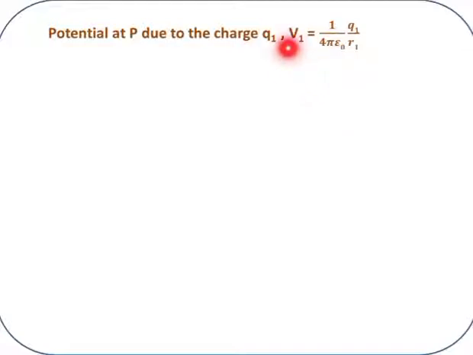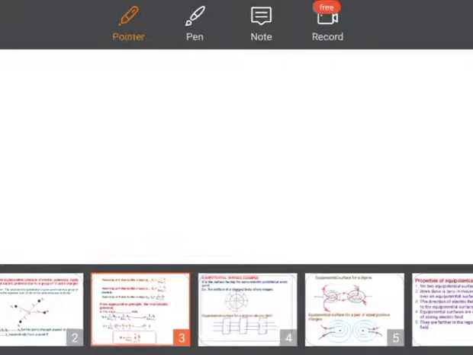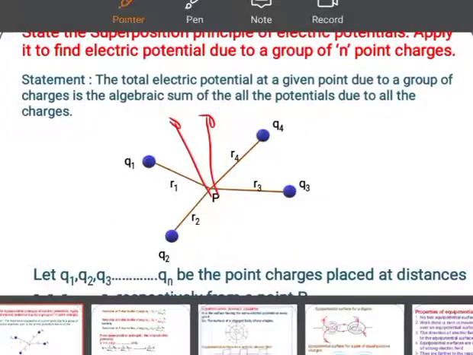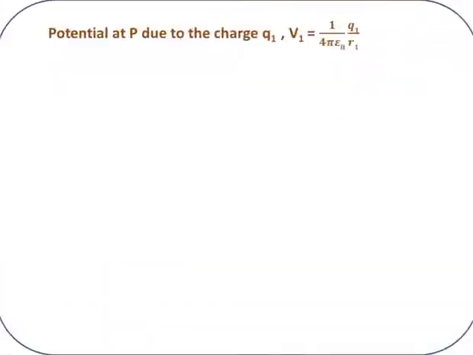Electric potential is denoted by V, and V is equal to 1 by 4 pi epsilon naught Q divided by R. Now suppose we want to study the potential at P due to the charge Q1, then the formula is V1 equal to 1 by 4 pi epsilon naught Q1 divided by R1.